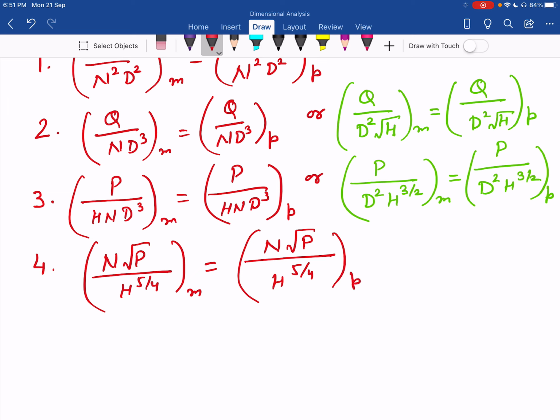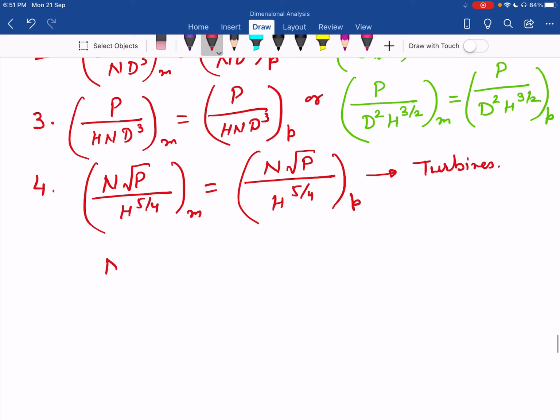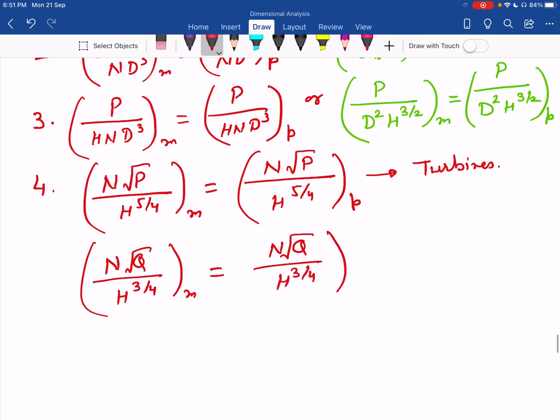I use this equation for turbines. And the last equation, n under root of q h raised to power 3 by 4 for model is equal to n under root of q h raised to power 3 by 4 for prototype. I use this equation for pumps.